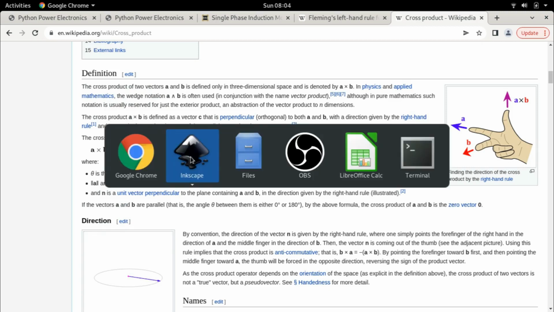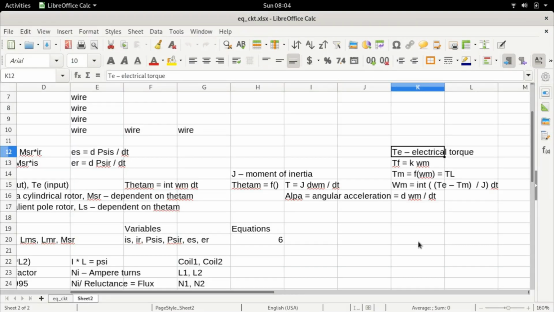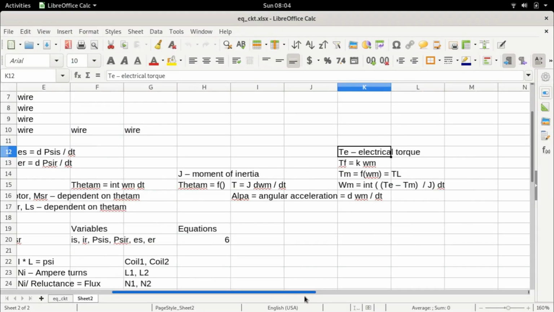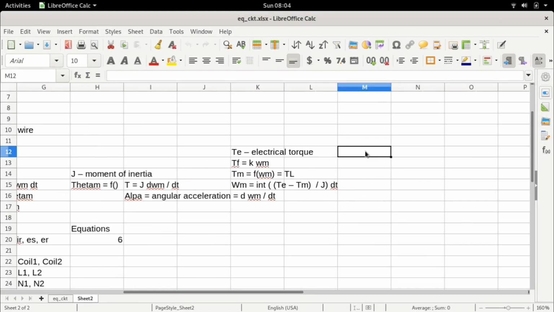So now let's go back to our Excel sheet and let's write this down, because we are trying to calculate the electrical torque. So let us say that this mechanical force is denoted by F, and there is a magnetic field whose strength is written by B. So this is the flux density, right?